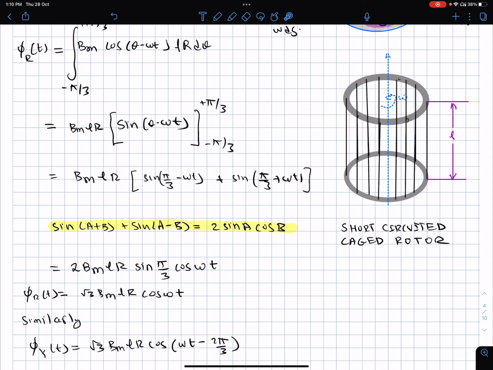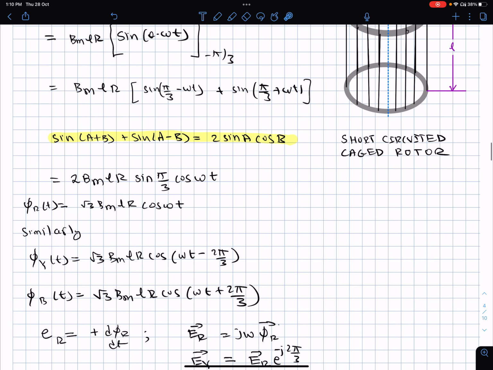So bigger the machine, bigger the flux; smaller the machine, smaller the flux, for the same Bm being created from the stator.